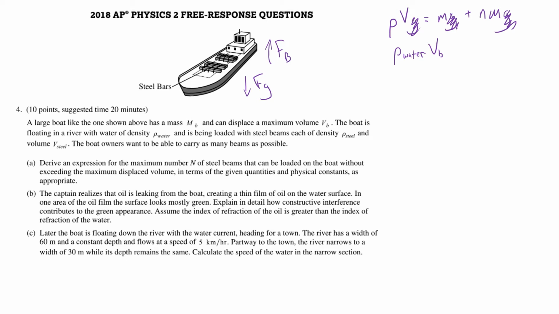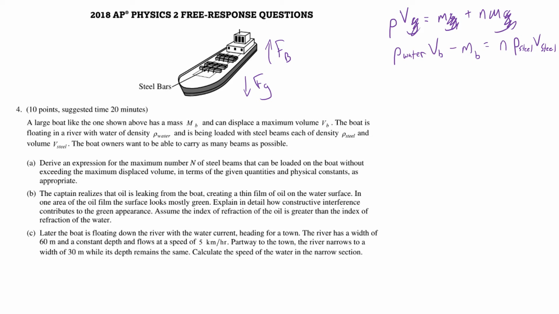Then we're going to subtract M, the mass of the boat, and that's going to equal n times the mass of the steel. But we don't have the mass of the steel, we just have the density and the volume, so we're going to replace that with rho steel V steel, just like the water side of the equation.